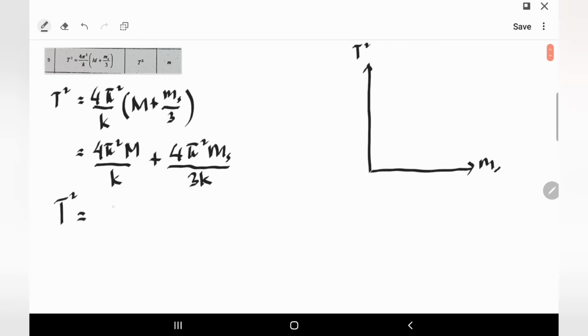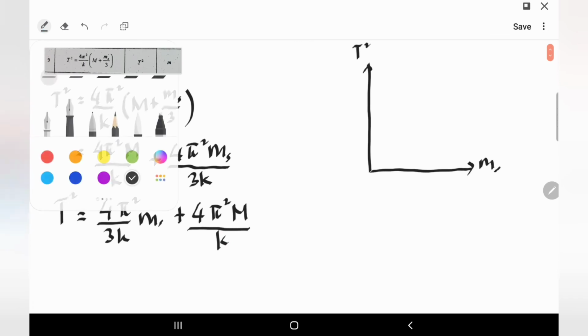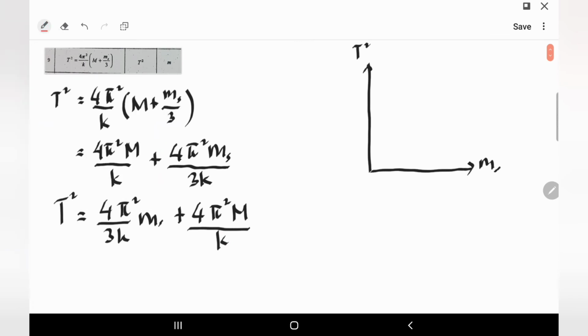T squared equals to 4 pi squared over 3k ms plus 4 pi squared m over k. According to the general equation of a linear graph, y equals to mx plus c. So t squared represents our y-axis, ms represents our x-axis, so this is our gradient and this is our y-intercept.